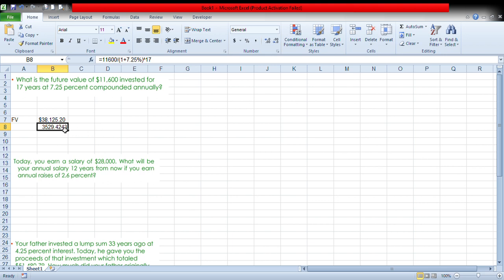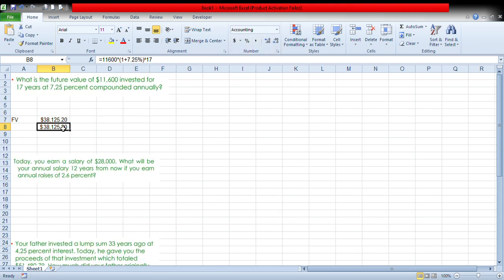Sorry, the formula for future value is present value multiplied by, not divided by, 1 plus the rate to the power n. You will get the same amount as with the Excel function. It's very easy.